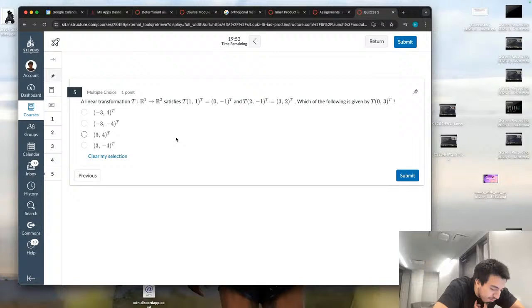So it has to be 1 times A plus 1 times B equals negative 1, and also 2 times A plus negative 1 times B equals 2.